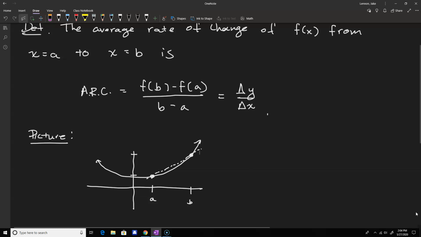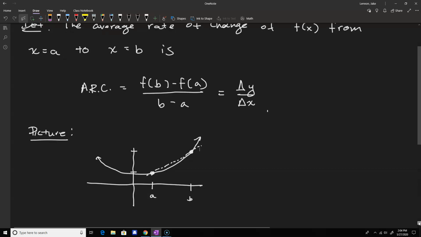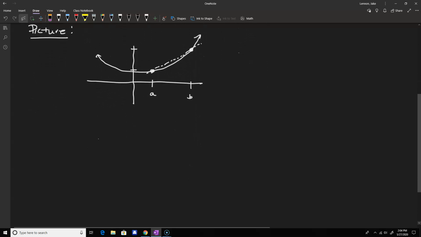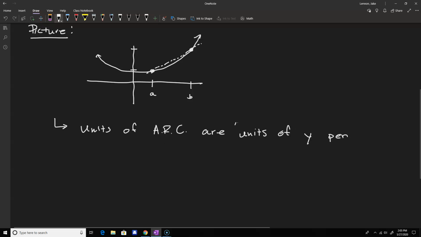One other comment I want to make is when it does relate to units, you have a ratio of units here. So just as with the slope, the units of the average rate of change are units of y, or your units of output, per units of x.